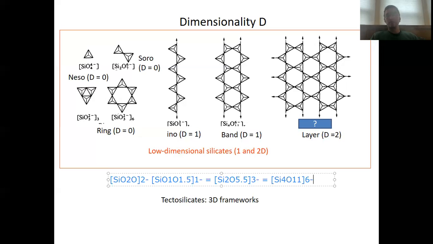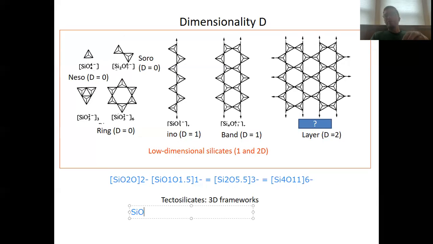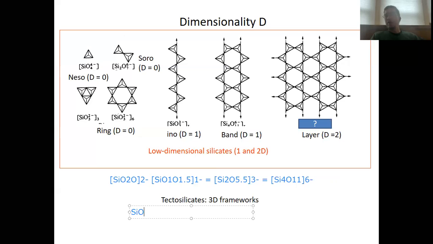So for this case, maybe I just start a new line. We have SiO for the one that has the negative charge, plus the three that are being shared. They only count a half, so 3 times a half is 1.5.